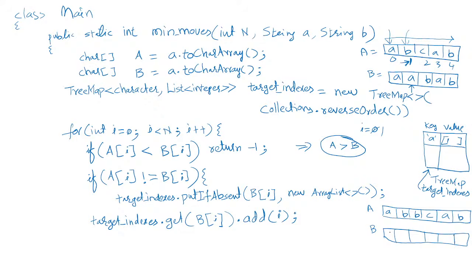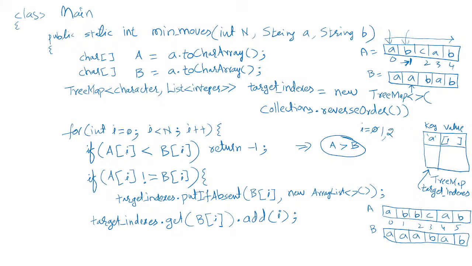Now the string to be replaced is A, B, A, B, with indexes 0, 1, 2, 3, 4, 5. Up to 0 and 1 we have processed, so 1 is added. Now the I value increments and becomes 2.